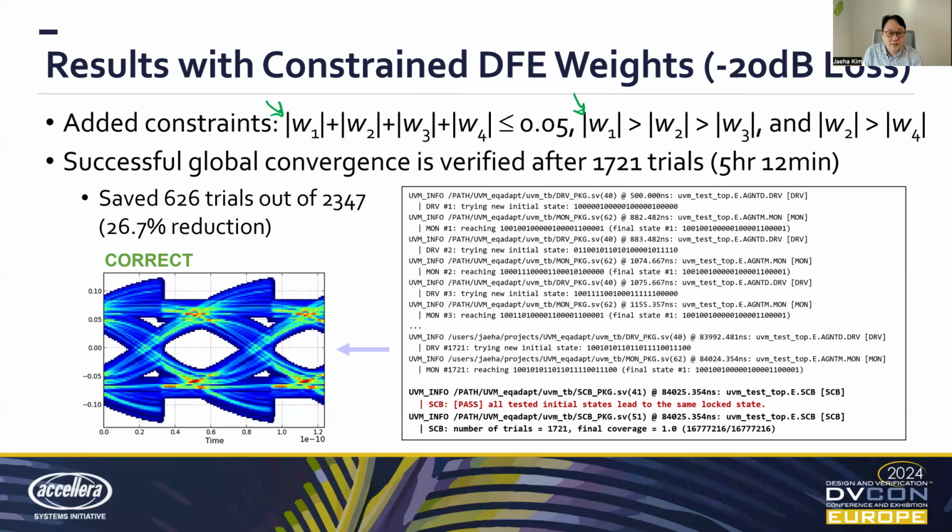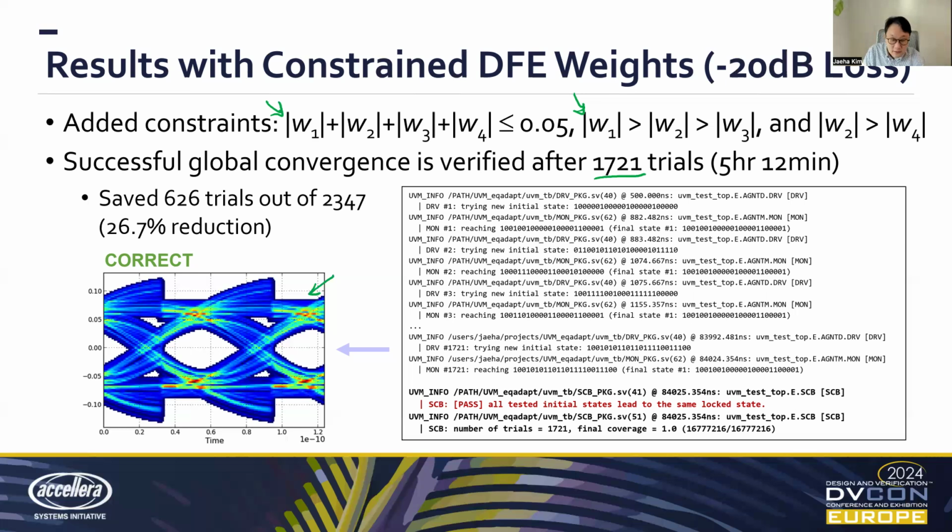And with these constraints, we found that the DFE adaptation loop will have a successful global convergence, where we find that all the possible initial states will converge to the same final state, giving this clear eye opening. In order to reach that conclusion, the UVM testbench had to run 1721 trials, which is a lot, which took 5 hours.